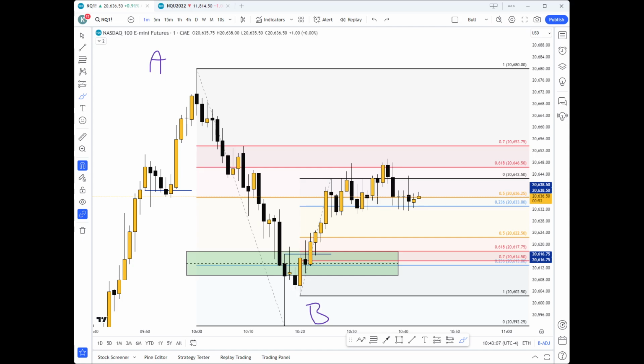But she's going to have some fun while she's doing it, it looks like. Chopping around, might have to take this high as well.